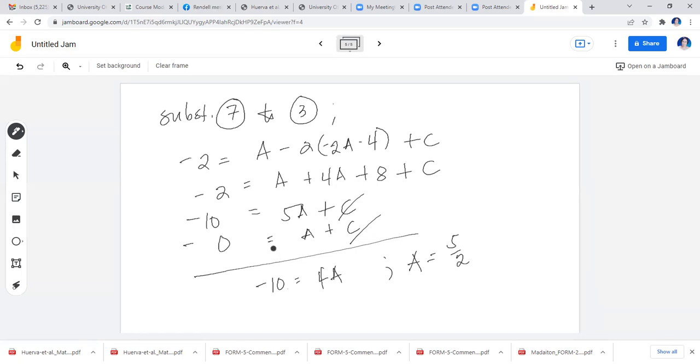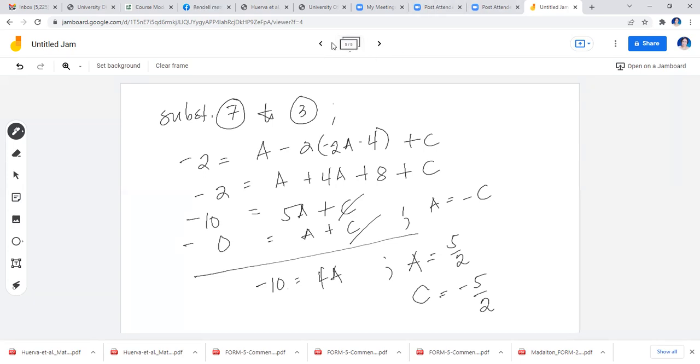Once you have this, you can already find the c because a plus c is equal to 0. From here, a is equal to negative c, or c is equal to negative a. So your c is negative 5 halves.